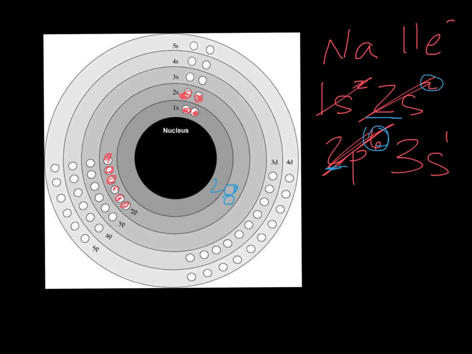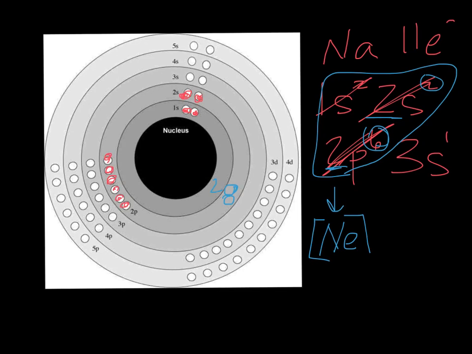So that means that level 2 would be full, and if you guys remember, I'm digressing here a little bit, but this is the electron configuration for neon. So you remember, if I wanted to write my noble gas configuration, I would write Ne, right? And then I would go to the next one, which is 3s1, okay? So now let's go back and fill in what's left. Well, we already filled up our 1s, 2s, 2p.